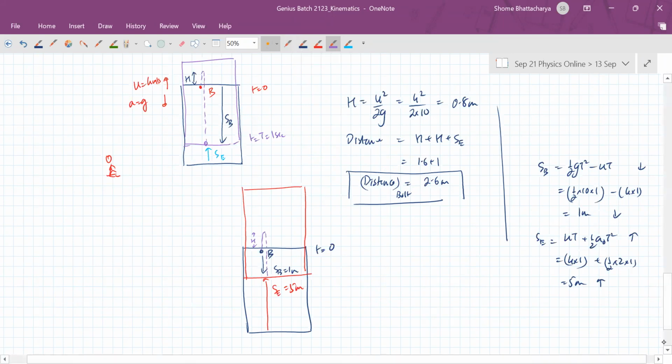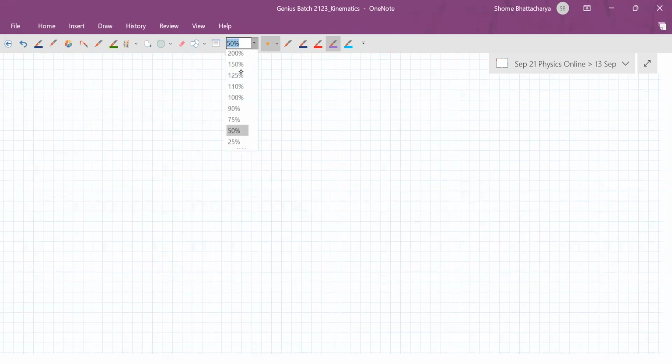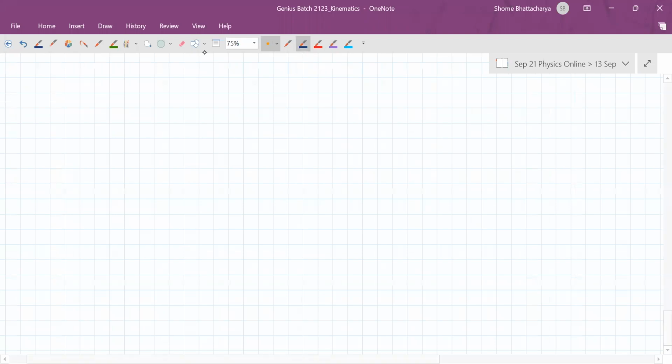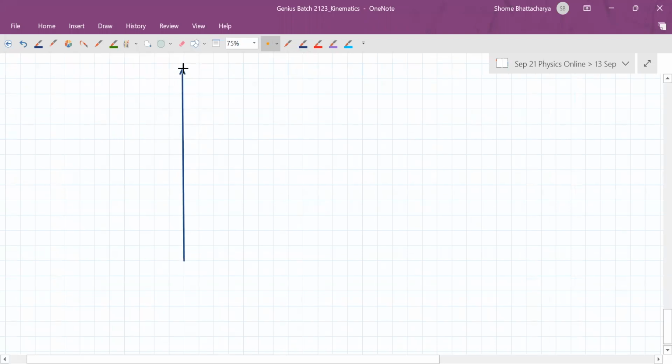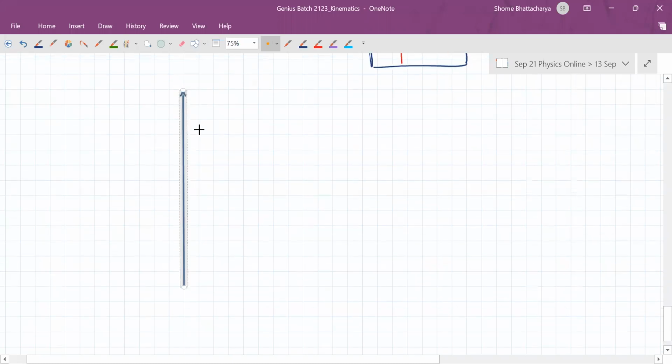Okay, so I hope this distance part is particularly clear to all of you. This is a more tricky part of the question. So another way to understand this question nicely is to look at the velocity-time graph of each of these, if we superimpose them for that 1 second or whatever.